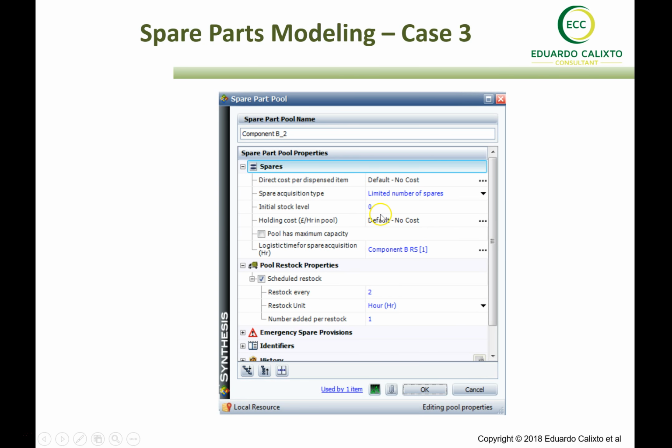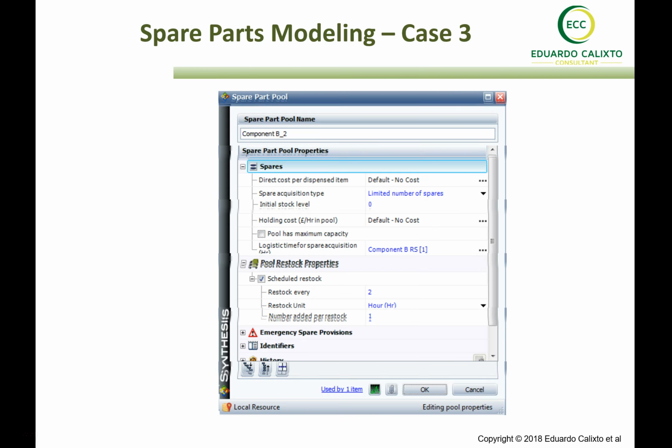The same for component B. I have 0 spare parts in stock, so the first time, at 2 units of time or 2 hours, that I carry out my preventive maintenance, I add and restock 1 unit, but that will take 1 unit of time.